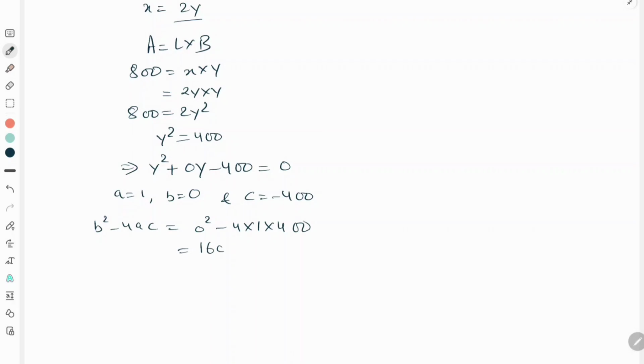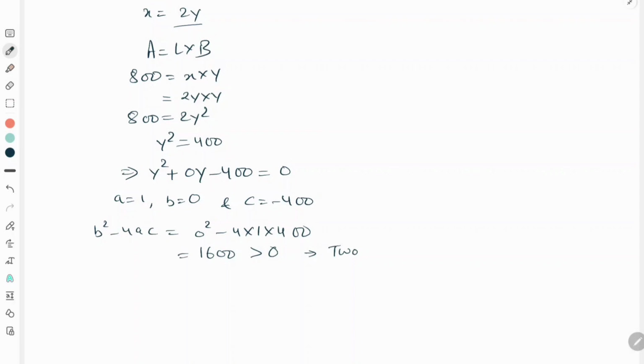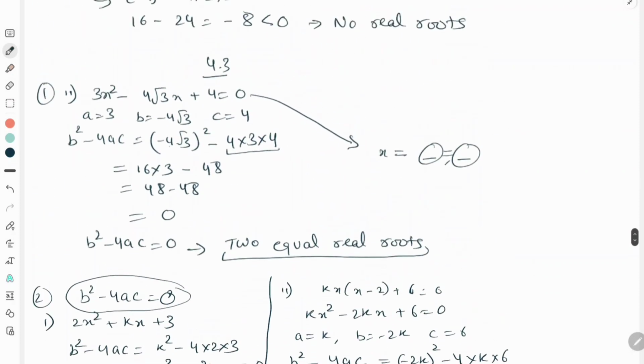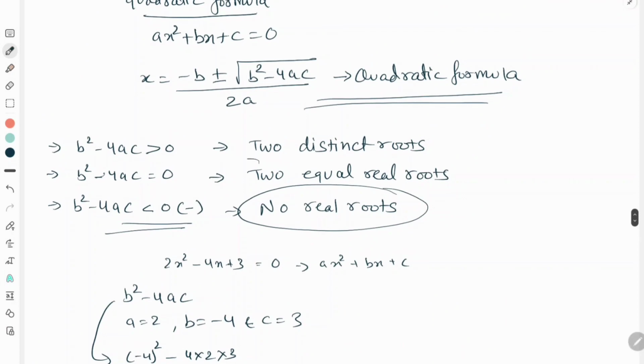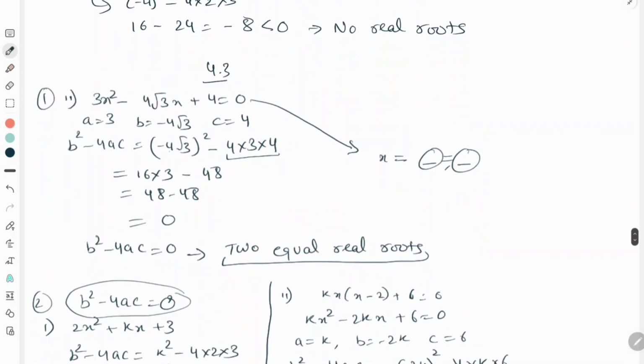So the value is 1600, which is more than 0, which means we will have two distinct roots. If the value of b square minus 4ac is more than 0, then we will have two distinct roots.